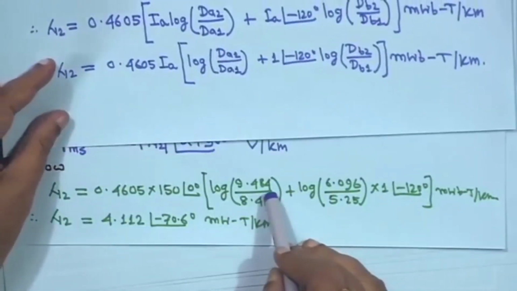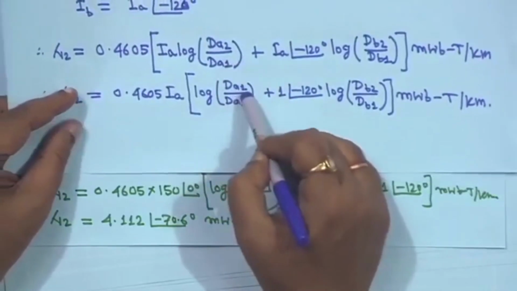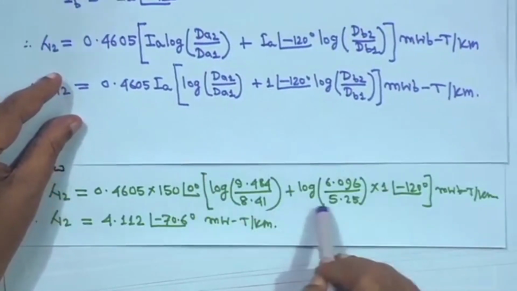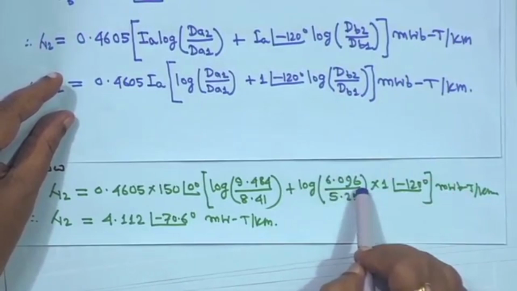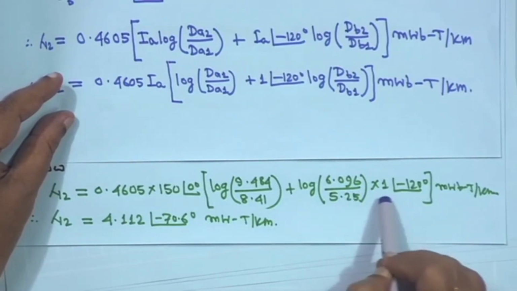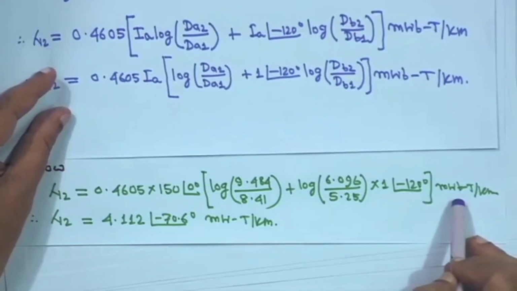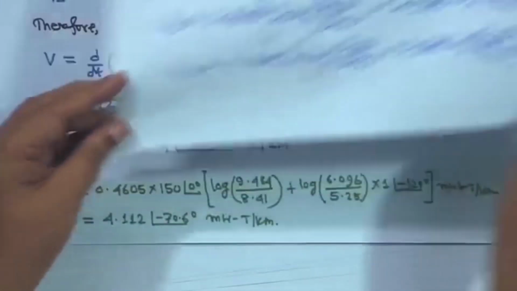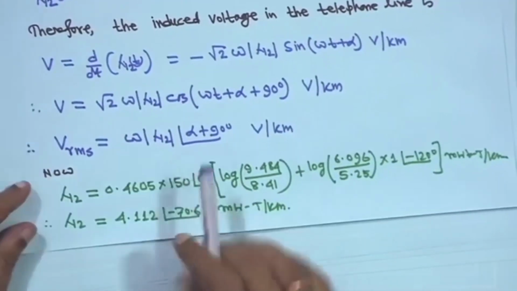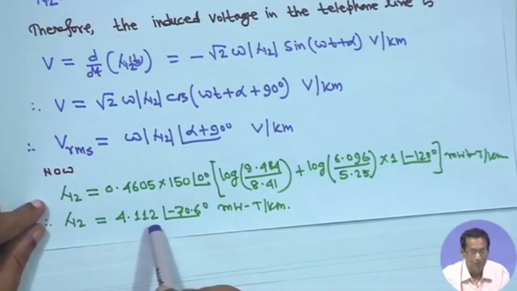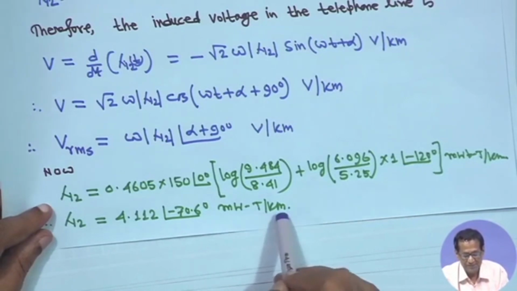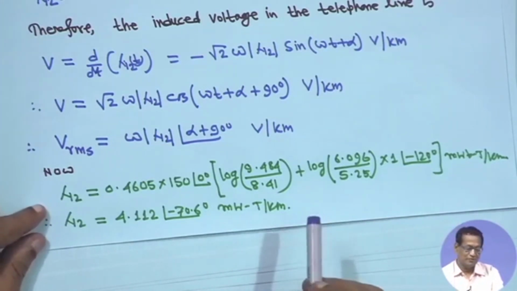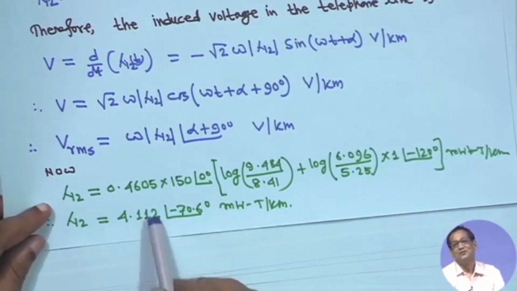Then all these distances are calculated: dA2 is 9.484 and dA1 is 8.41, plus, writing first, dB2 is 6.096 and dB1 is 5.25, into 1 angle minus 120 degree milliweber turns per kilometer, right. Then if you simplify this, lambda 1 2 is equal to 4.112 angle minus 70.6 degree milliweber turns per kilometer, right. This is the RMS value, this is the magnitude, and this is the angle.